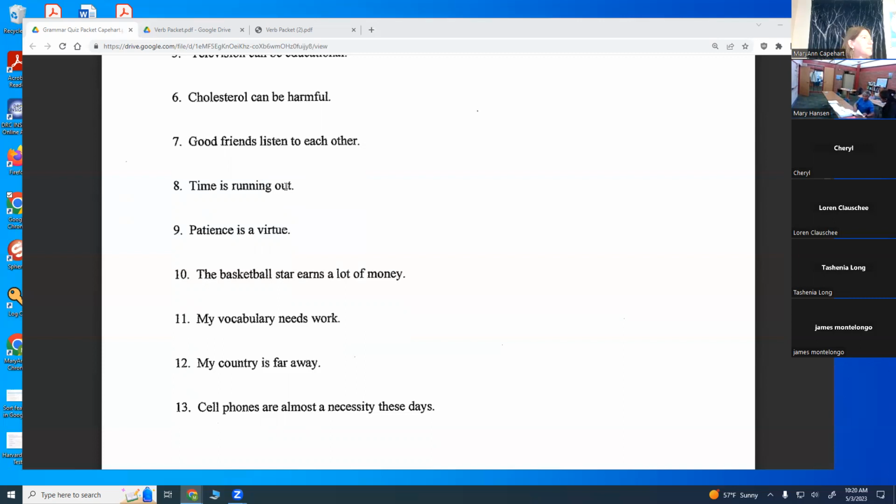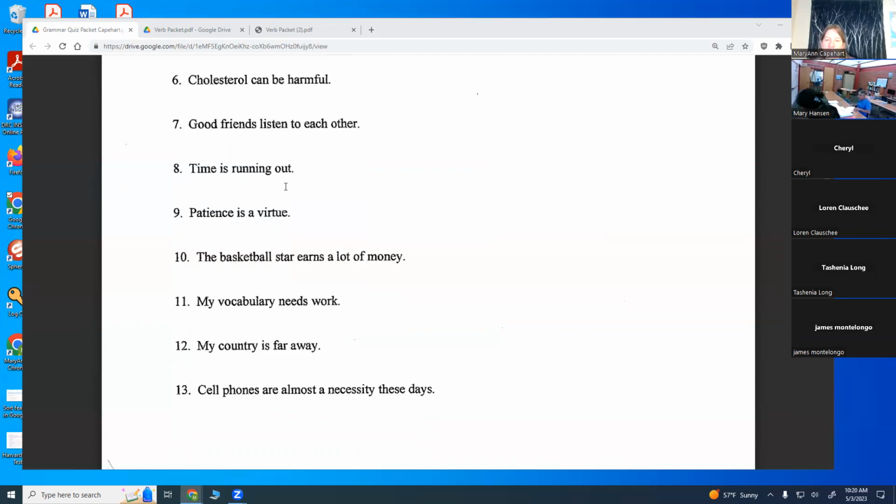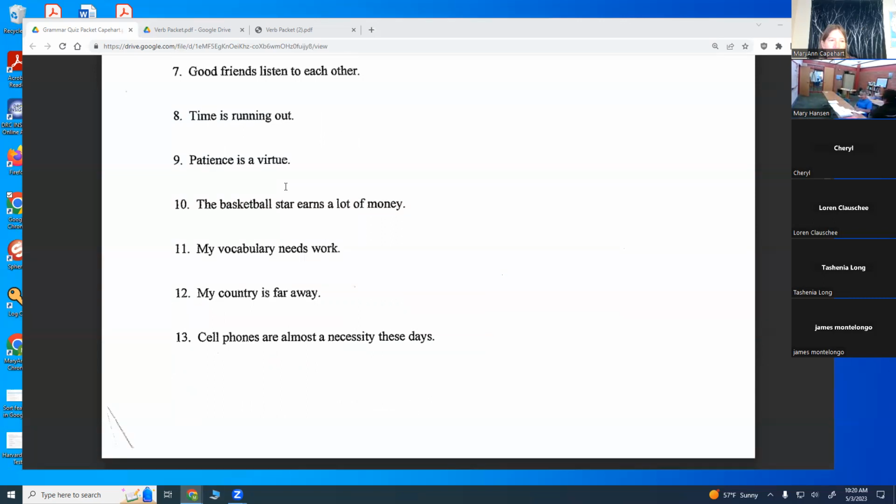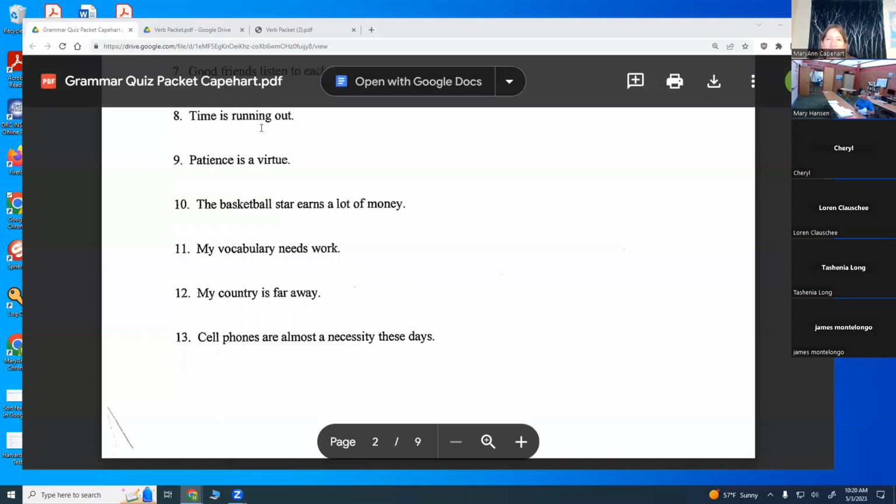What are they doing? Yeah, I switched it up and I asked for the verb. What are their friends doing? That's right. Listen, listen. Number 8. What's the subject? What's the linking verb? Is. Yeah, and then it kind of joins with the verb running. It's running.